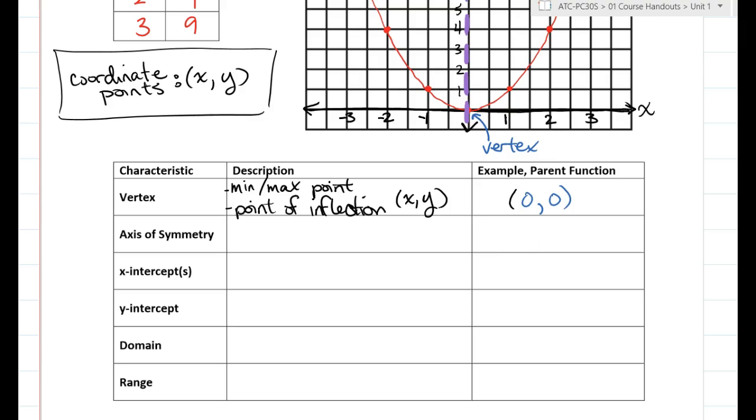Again, the axis of symmetry is the line of reflection, and it always passes through my vertex.